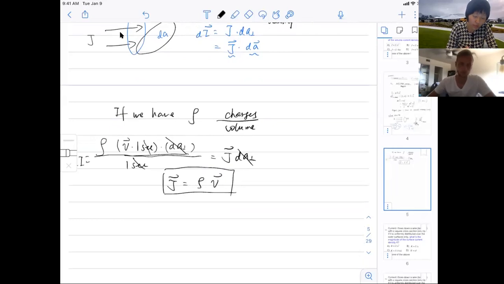As we had before, if you don't want to write rho, you can use the number density instead. If this material has a number density n, representing the number of charge carriers per volume, then the total charge will be n times q.